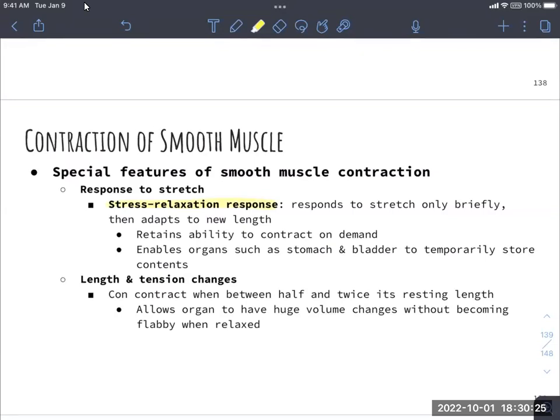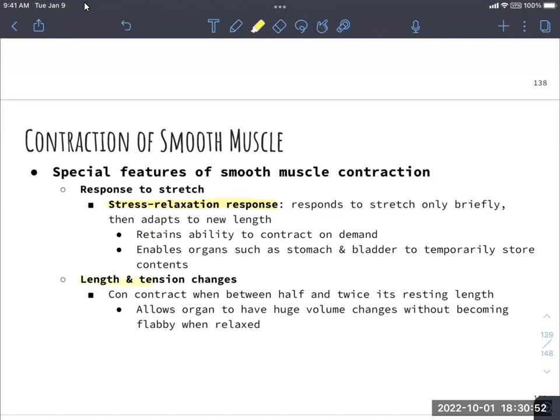Your kidney is filtering your blood, and any of the waste products get stored down in the bladder to be released. That allows your bladder to enlarge as more urine gets stored in there and eventually gets released.